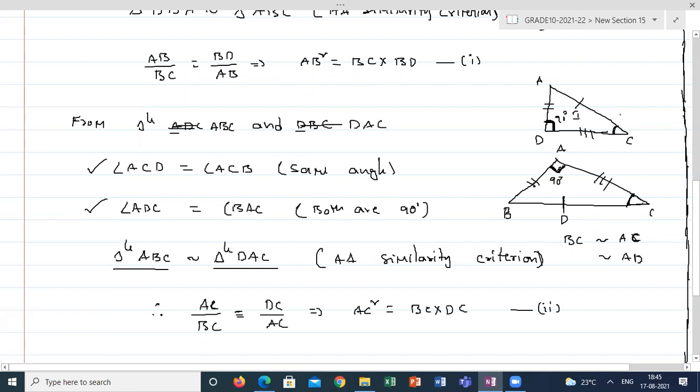Here the C is also the same angle, C and C. Here it is AB. What is the remaining side? BC gone, AB gone. AC is corresponding to the remaining side, AC gone, AD gone, CD. Got it? Yes, sir, I got it.